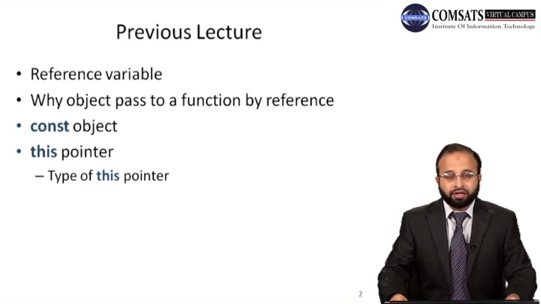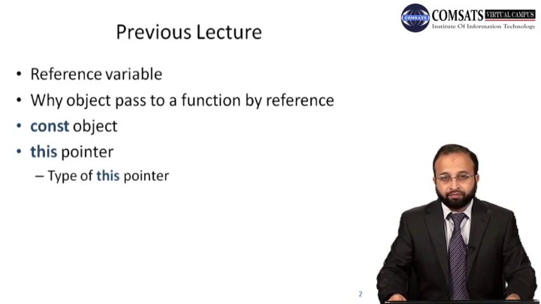For example, if the object is the employee class object, the type of the this pointer will be employee * const. That means this is a constant pointer that is pointing to an employee object. And if the object of the time class is created, then the type of this pointer would be time * const. So the pointer is constant pointing to a time object.